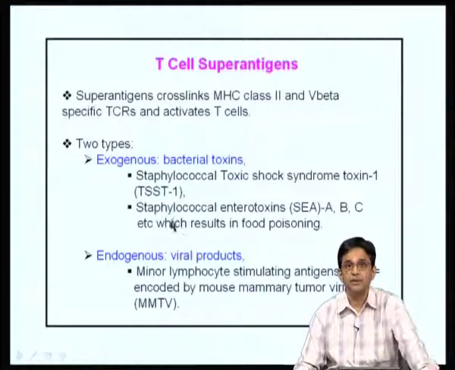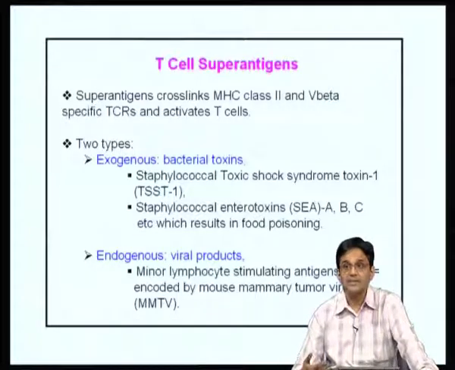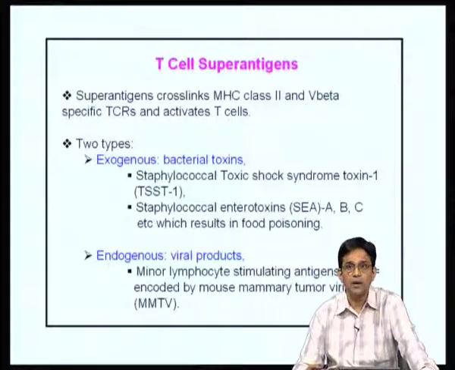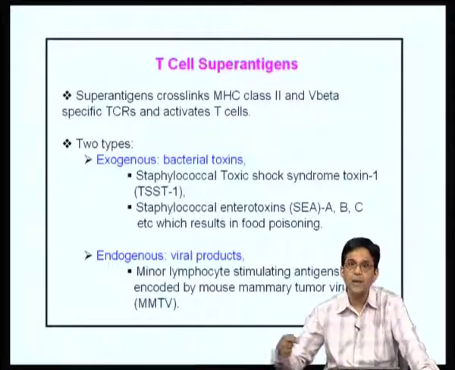So for example, the staphylococcal toxins: staphylococcal toxic shock syndrome toxin, TSST, and then you have staphylococcal enterotoxins. Then you have also endogenous ones. Endogenous ones are products from viruses that are within mice, or maybe within humans, and they get passed down.